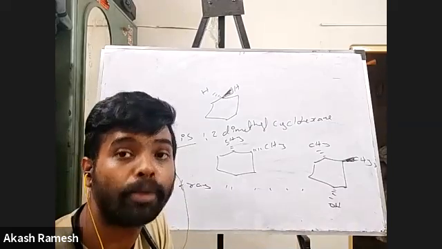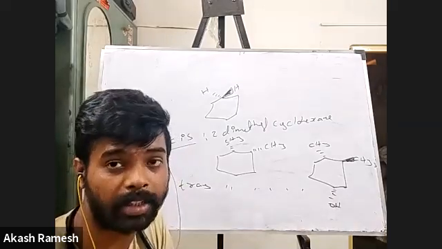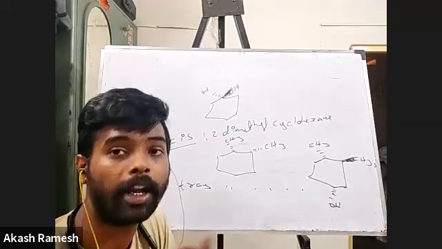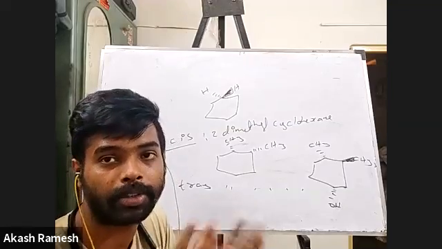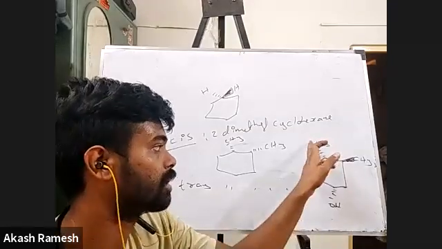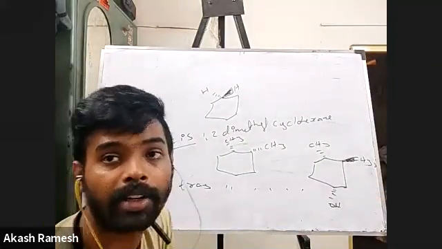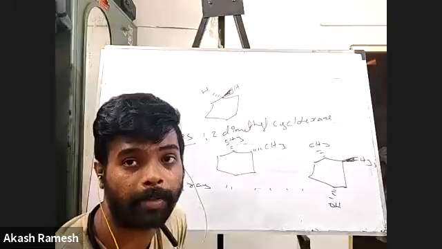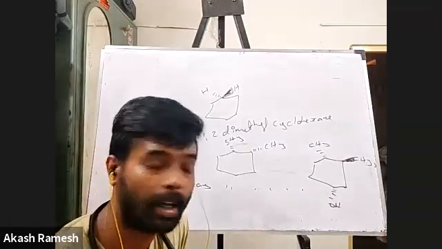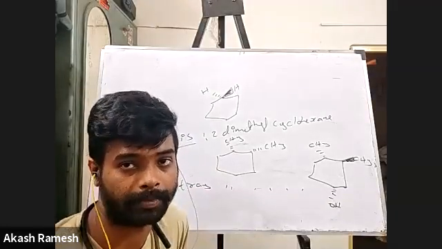If you have more than two substituents, three or four, you have to take two at a time and then say whether they are opposite or on the same side. In this case, this methyl group and this OH are cis, this OH and this CH3 are trans to each other. This is how I'll be able to speak about geometrical isomers in ring structures.